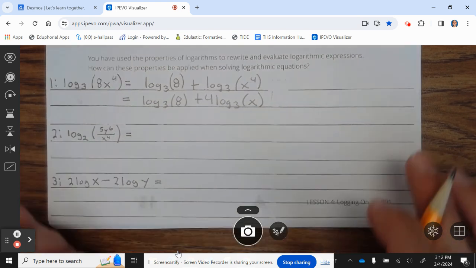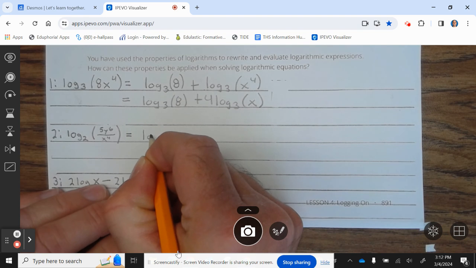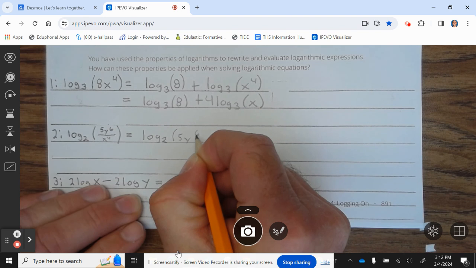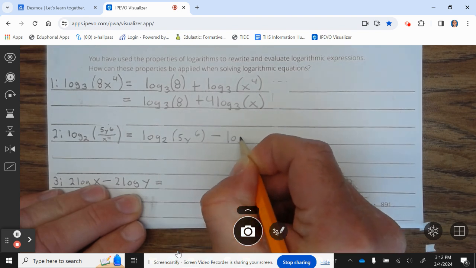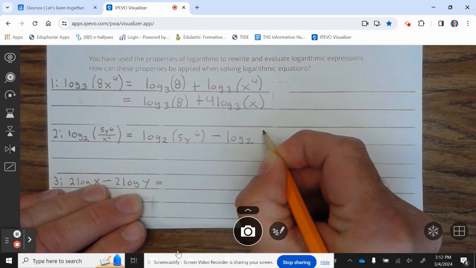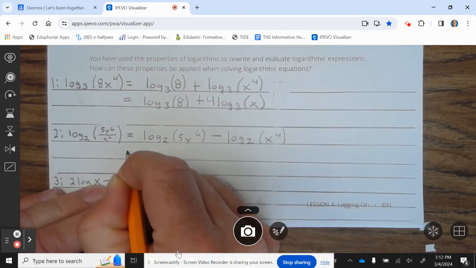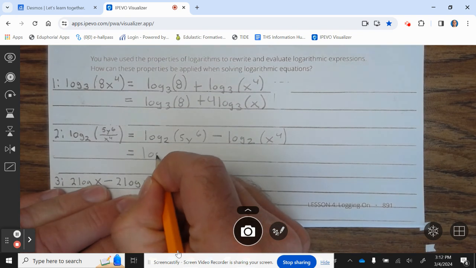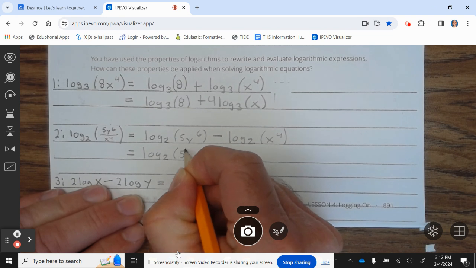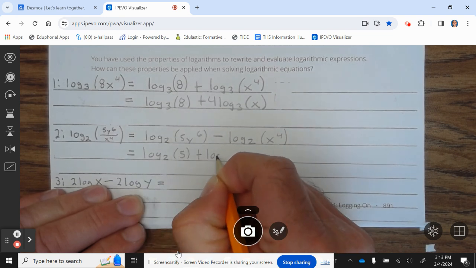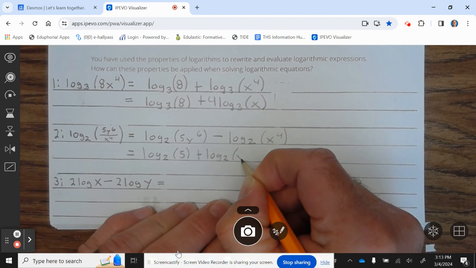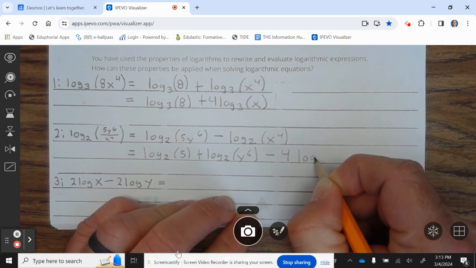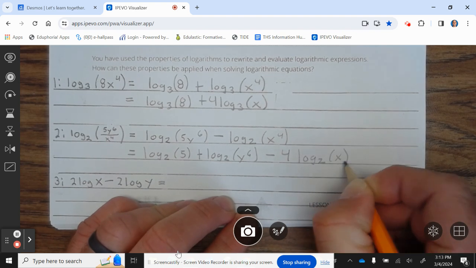All right, let's take a look at number 2. Number 2 can be written as log base 2 of 5y to the 6th minus log base 2 of x to the 4th, which can be rewritten as log base 2 of 5 plus log base 2 of y to the 6th minus 4 times log base 2 of x.